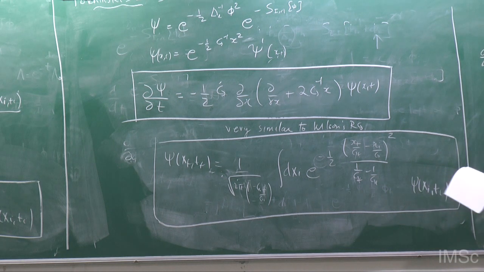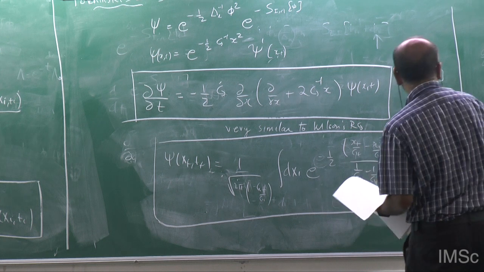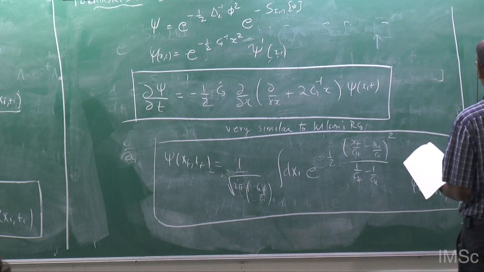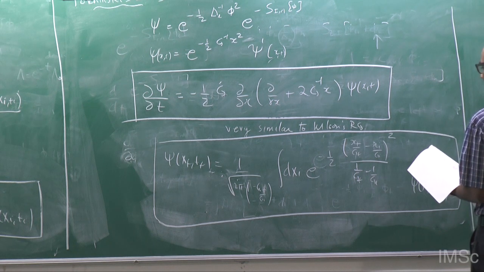And I want to show you one more thing. All these forms have the same standard form, which is a very useful thing to know. Let me factor out the gf here. I can write this as dxi e to the power of minus half.